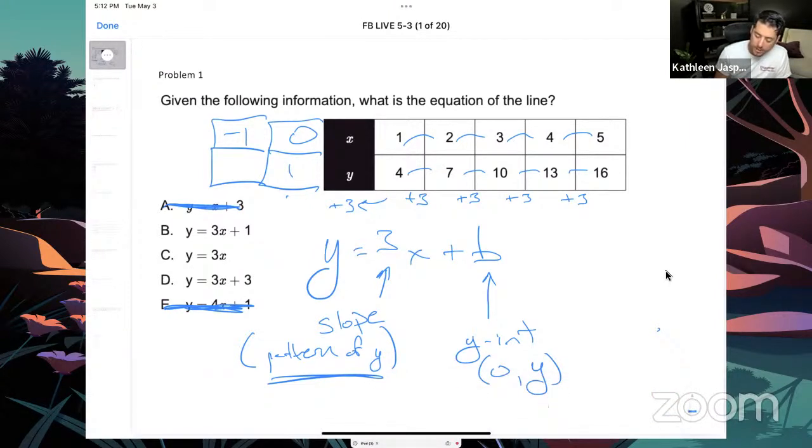Does that make sense? Because 1 + 3 is 4. And then the pattern continues. I know that my y-intercept, because x at 0 is always my y-intercept, is 1. So I can go ahead and take that b out of there. I can put the number 1. And when I look, the only answer choice that has the equation 3x + 1 is answer choice B.